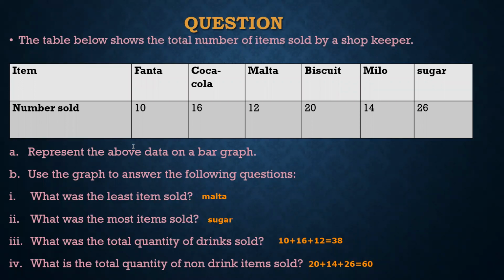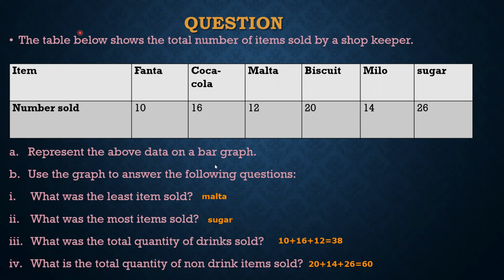Before you go to our graph sheet, let's choose a scale. The number of items sold here is 10, 16, 12, 20, 14, 26.